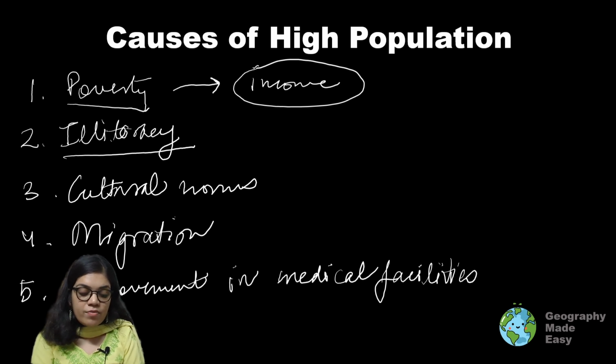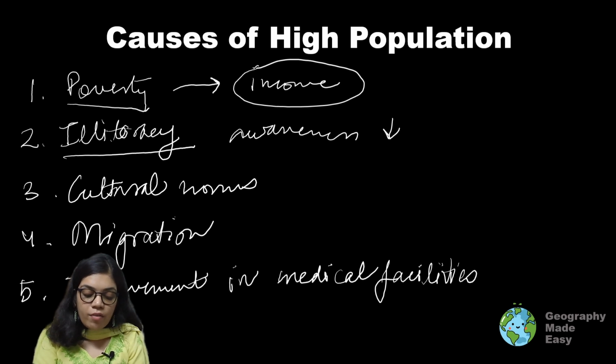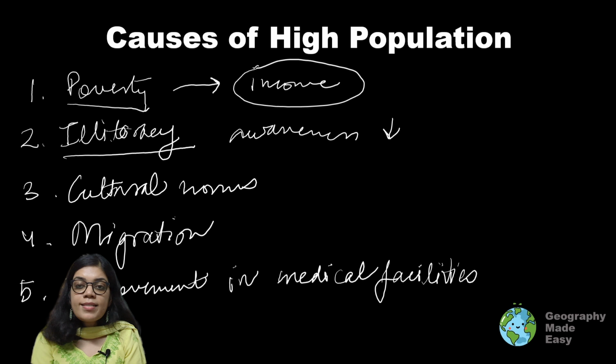And this is very much related to illiteracy, where people tend to have more children when they have no education. Illiterate people tend to have more children, because with education awareness is created, and the awareness that high population is harmful is lacking.